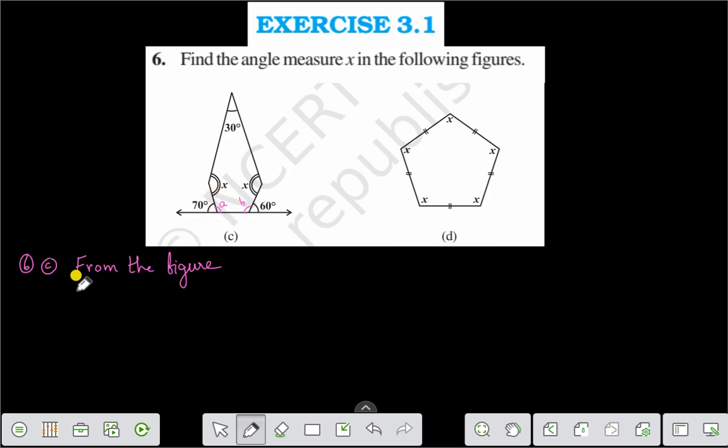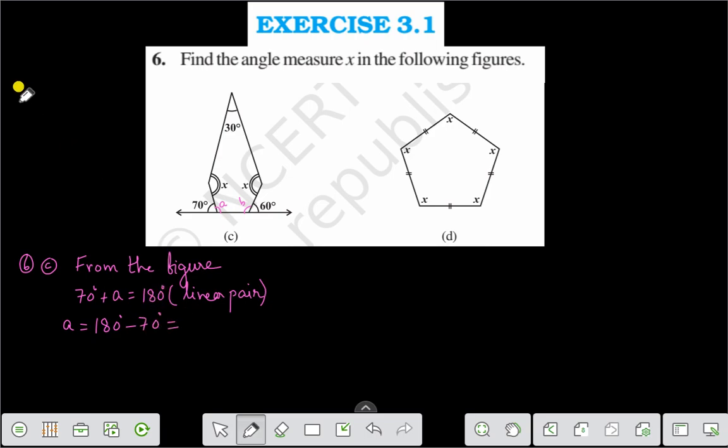Then from the figure you can write 70 degree plus A is equal to 180 degree, because this is a linear pair. Or you can find the value of A is equal to 180 degree minus 70 degree.